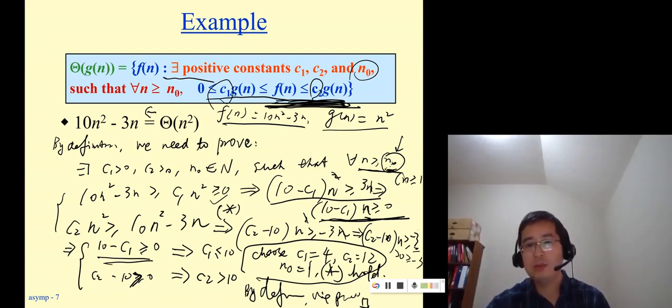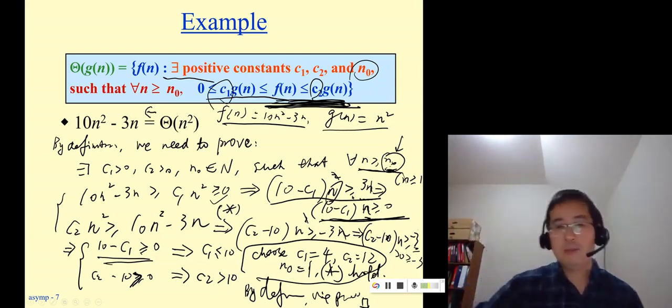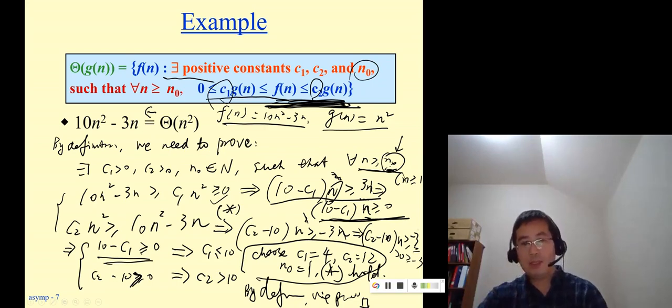Maybe in some cases you need to choose a number where n is larger than 120, because you have that requirement. For example, if this is not n but n minus 20, correct? Then of course to make this one larger you need to choose a bigger value. With 20, I think you choose maybe 21, to make this at least larger than 1. Okay, this is the proof.